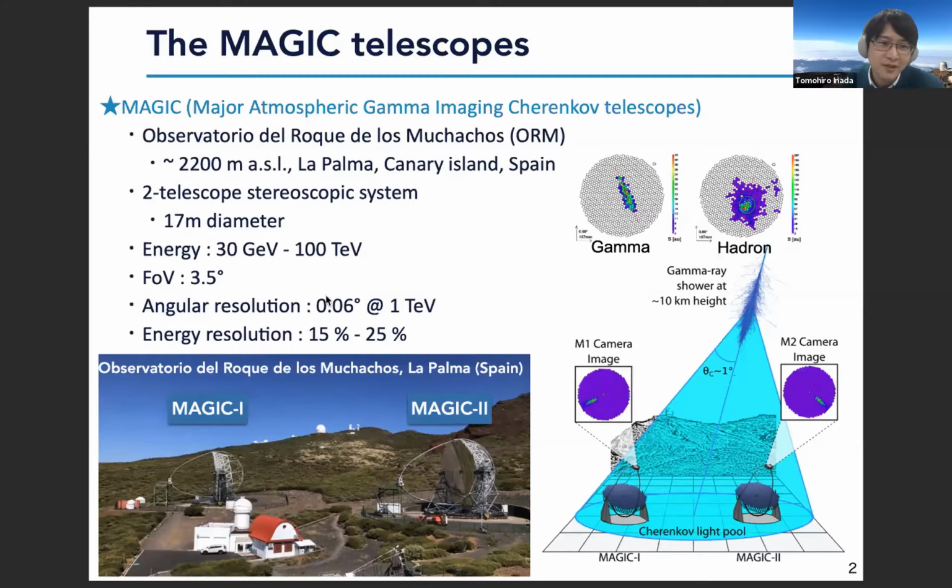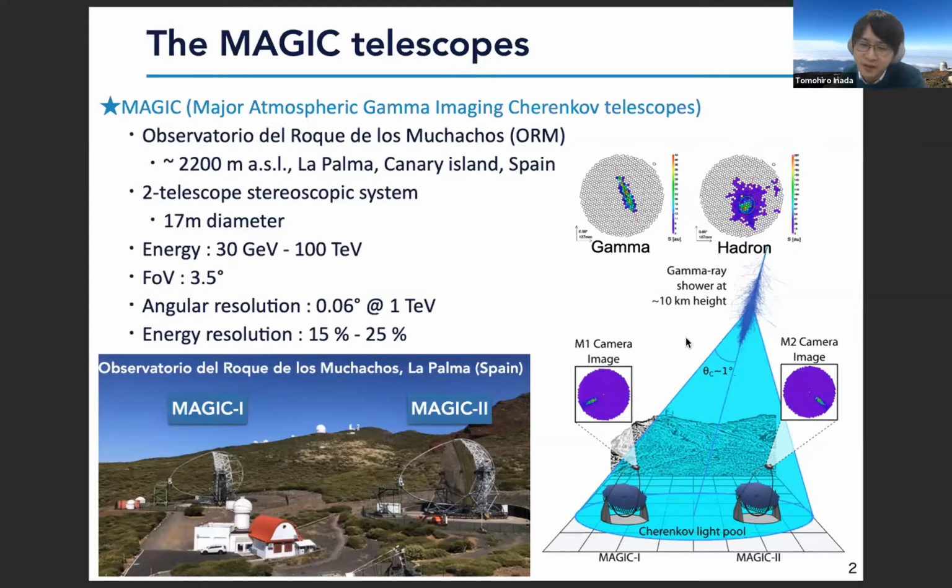Our telescopes are sensitive to gamma rays from 30 GeV to 100 TeV. The field of view is 3.5 degrees, and the resolution is like this. The right plot is a schematic view of gamma ray detection by a ground telescope. First, when a cosmic ray comes into the atmosphere, it makes an air shower, and the created ionized particles emit Cherenkov light.